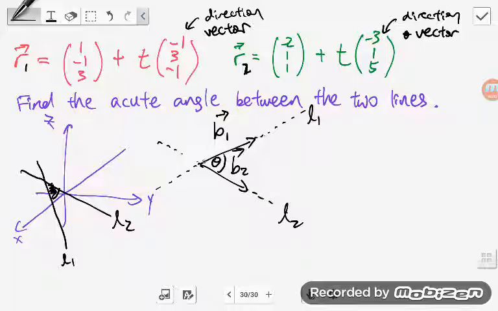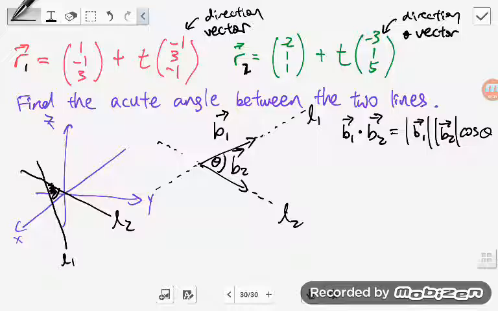So all I have to do is use these two direction vectors to help me out. So I'm going to use my dot product, right? I'm going to say my dot product of B1 dot B2 is equal to the magnitude of B1 multiplied by the magnitude of B2 multiplied by cosine theta.